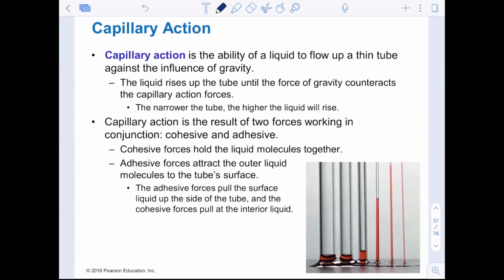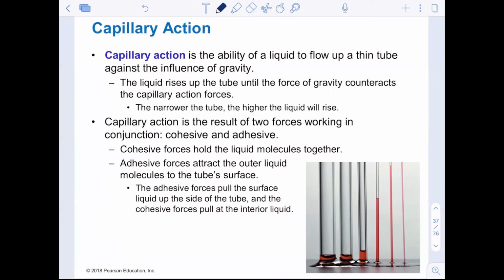Capillary action is the ability of a liquid to flow up a thin tube against the influence of gravity. This is really helpful because that's how plants get water from the ground and are able to transport it up into the leaves. It's the action against gravity, right? And so what does this have to do with intermolecular forces?